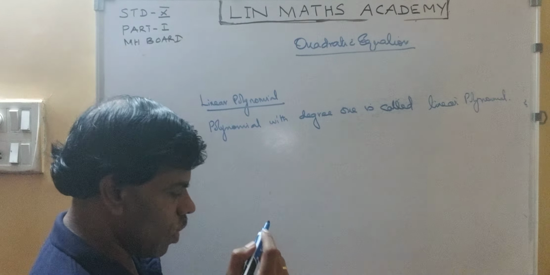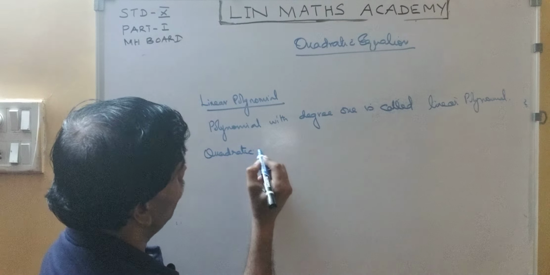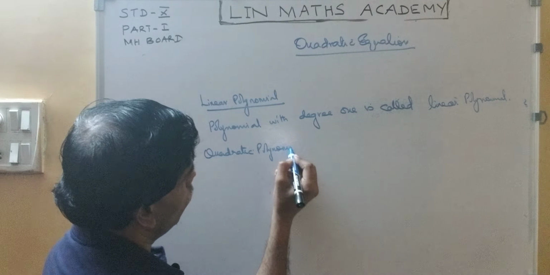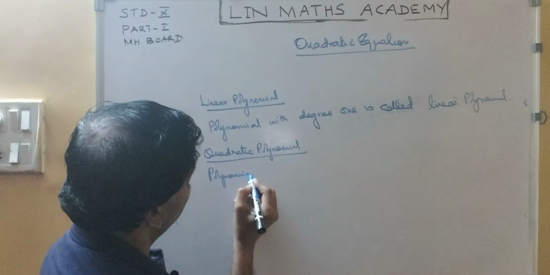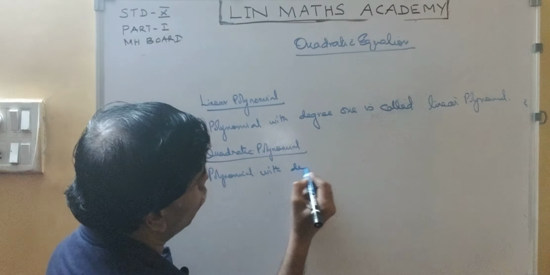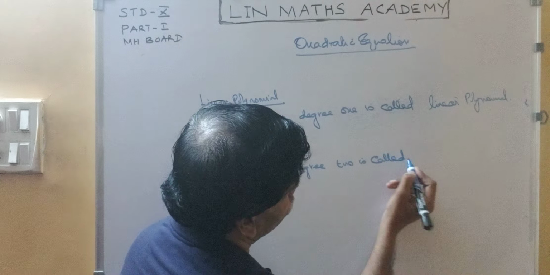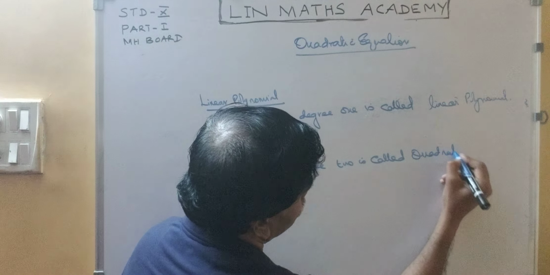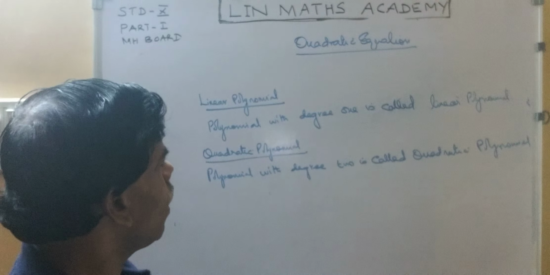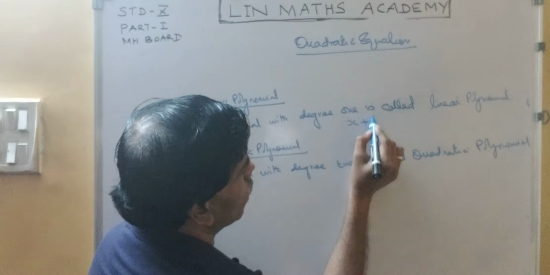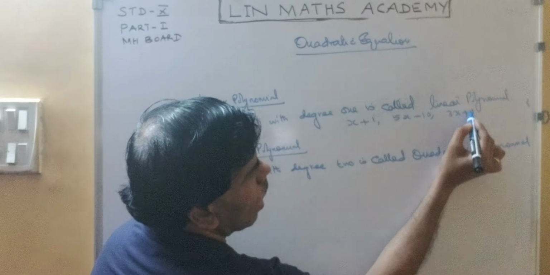Now what is a quadratic polynomial then? A polynomial with degree 2 is called a quadratic polynomial. Here, examples: x plus 1, 5x minus 10, 3x plus 1, etc.